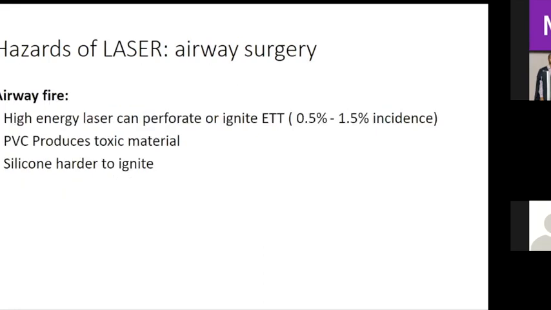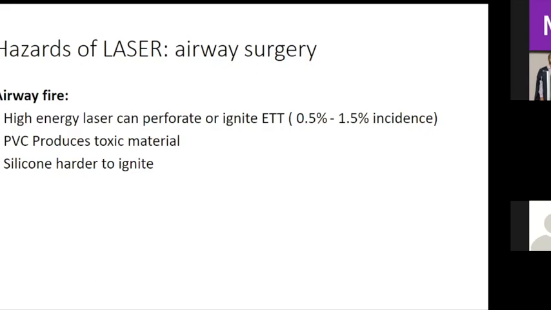And now the hazards of laser in terms of airway surgery. Remember, we said we divide them into airway related and non-airway related. The most feared thing here is airway fire. How does an airway fire occur?